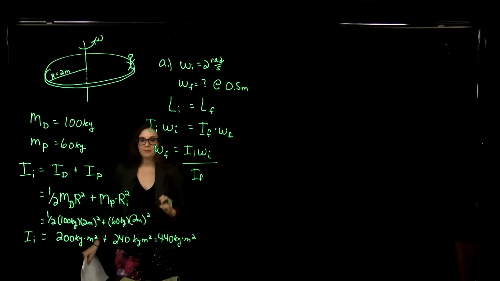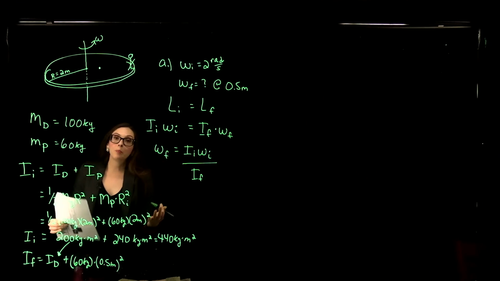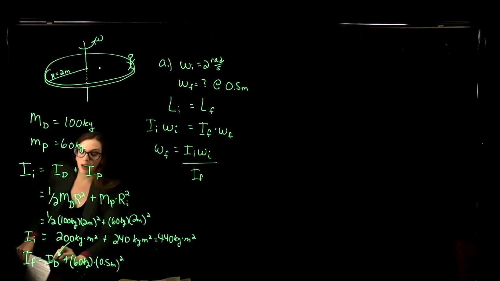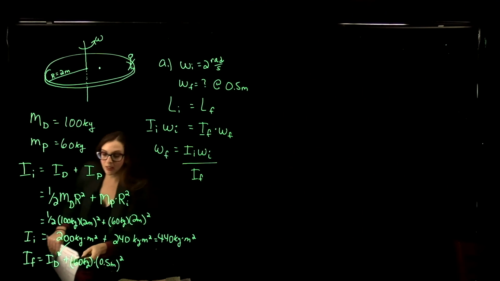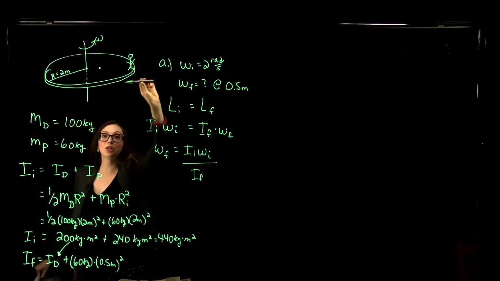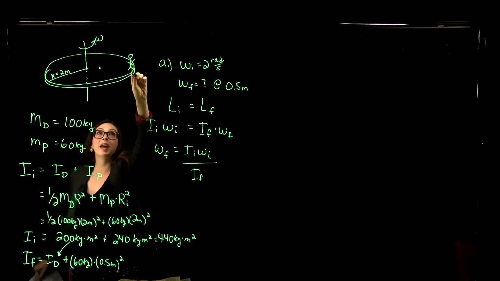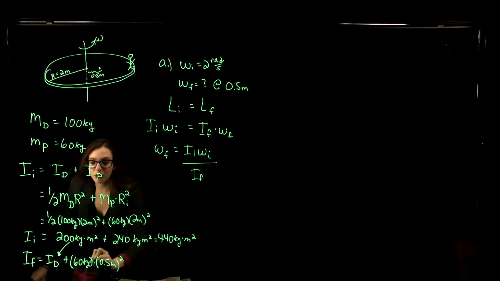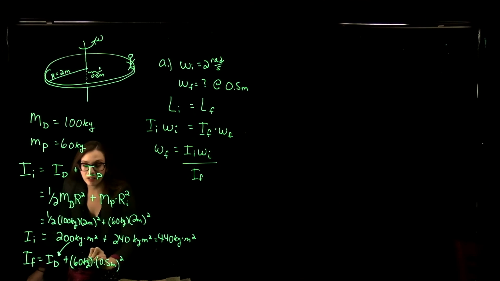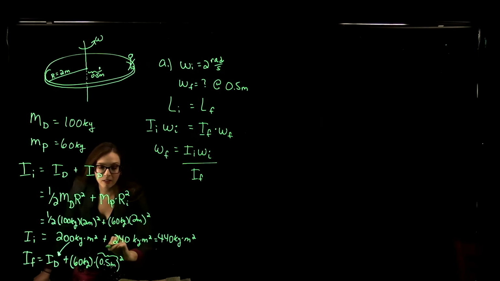So that's our initial moment of inertia. For the final moment of inertia, we've got the moment of inertia of the disk, which remains unchanged, plus the moment of inertia of the person, which is different because now they've moved from the edge of our disk into a place where they're 0.5 meters away. So their new moment of inertia is going to be 60 kilograms, their mass, times their new distance away from the center squared.